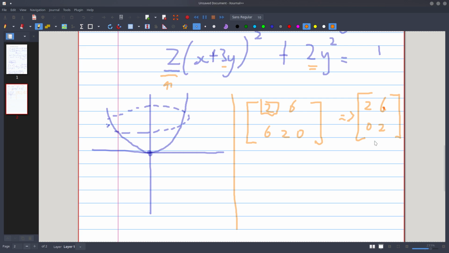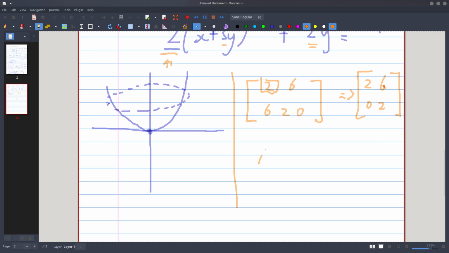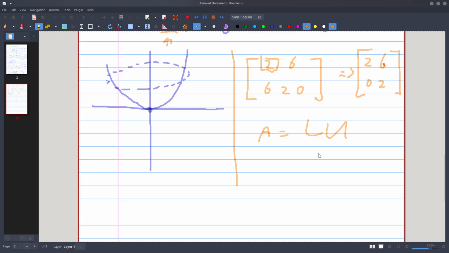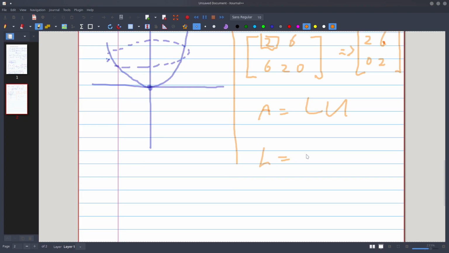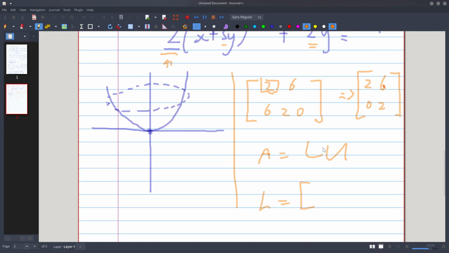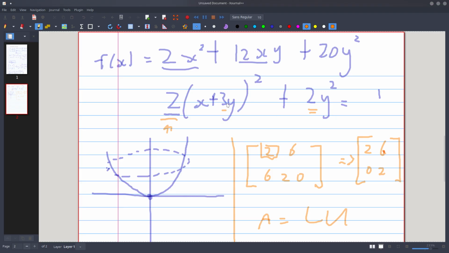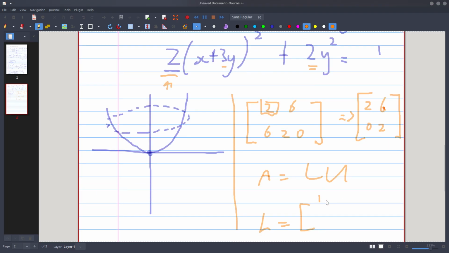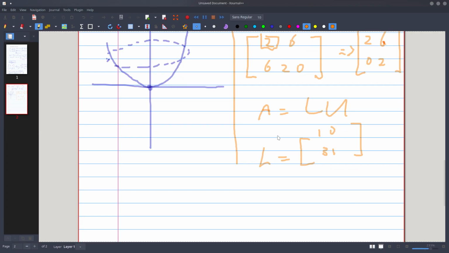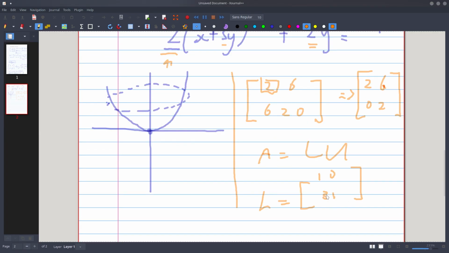You should be familiar with how you do this by now. And the L, if you're going for A equals LU, the factorization, what is the L? The multiplier here is 3, and it's sitting right here, so it's 1, 0, 3, 1. If you had L and U sitting right next to each other, this is the exact multiplier that you would need. You would need 3 of the first row and 1 of the second row to get back this original matrix.